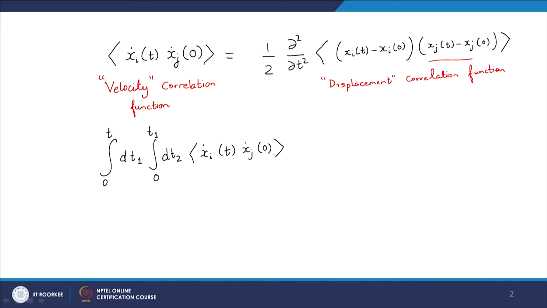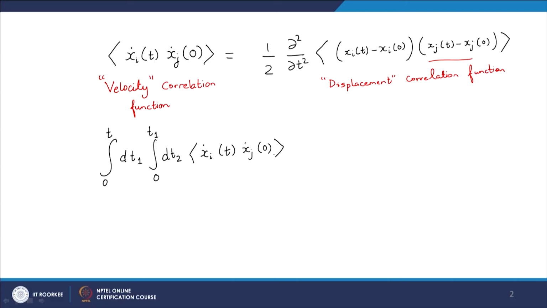T2 goes from 0 to T1 and T1 goes from 0 to T, multiplied by 2 is equal to my displacement correlation function.